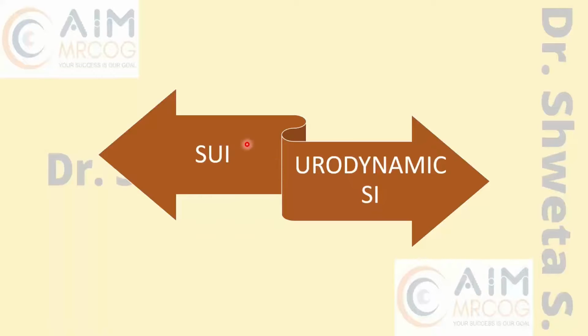It is very important to understand that one is clinical and one is urodynamic. So if they give you only the clinical thing in the question, you will choose the option of stress urinary incontinence. And if they give you a urodynamic finding which supports the diagnosis of stress urinary incontinence, then it becomes urodynamic stress incontinence. In that situation, you will not choose SUI, but you will choose urodynamic stress incontinence as your diagnosis once you have confirmed it with urodynamics. So this is how it is different.